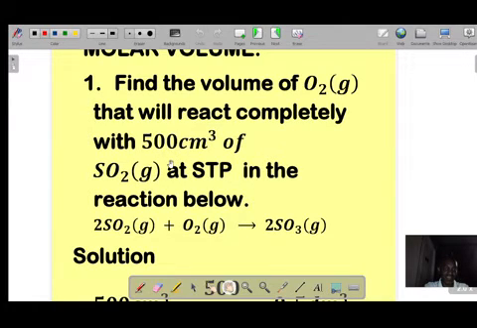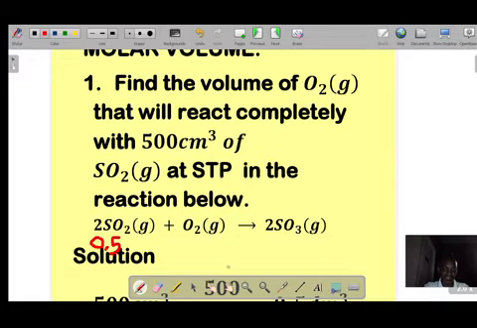So in other words, I have 0.5 decimeters cubed of sulfur dioxide. And I want to see how many decimeters cubed I'm going to need for oxygen to react with this one here.